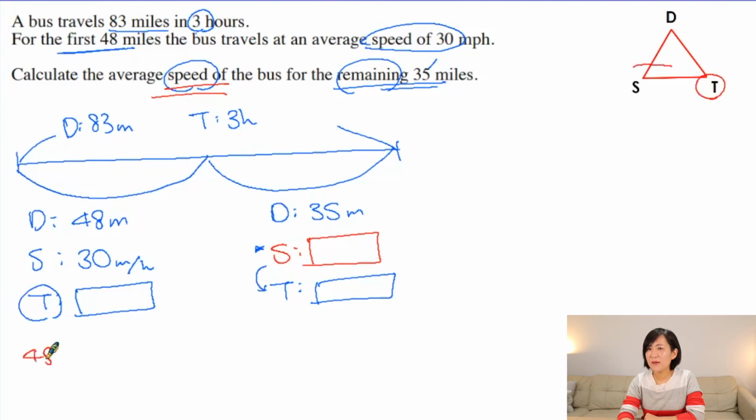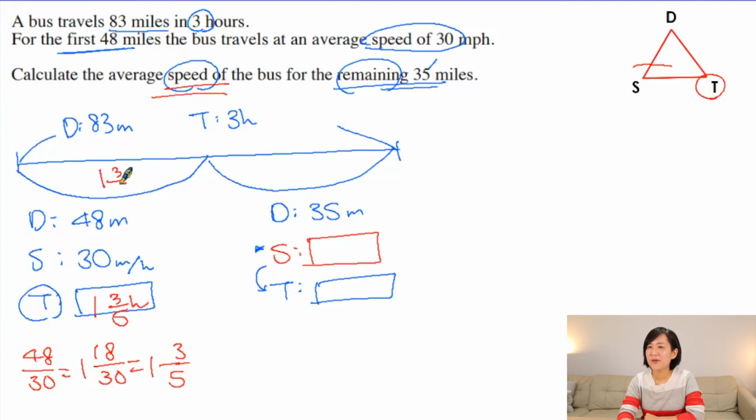So time is 48 divided by 30, so let's make it into a mixed number. That is 1 3/5, so it's 1 3/5 hour. Then we know that it's 1 hour and 3/5 hour, and the total is 3 hours.